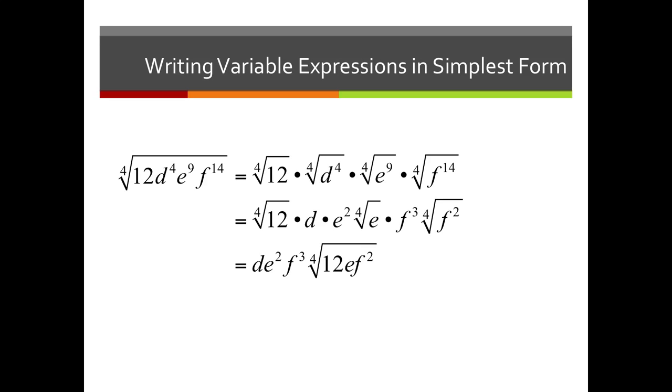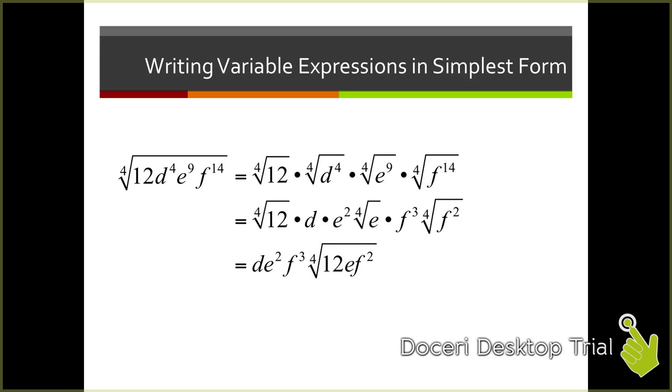Now, the way that I usually do this is once I chunk them up like this, I just make myself a radical, and then I start evaluating each piece, and I put the things that can go outside on the outside, out in front, and the things that go inside stay on the inside.